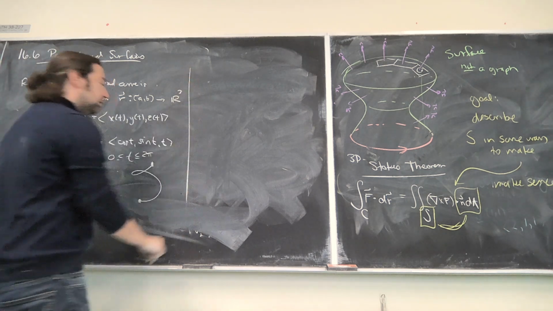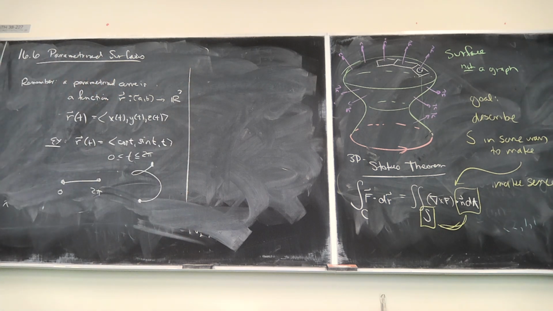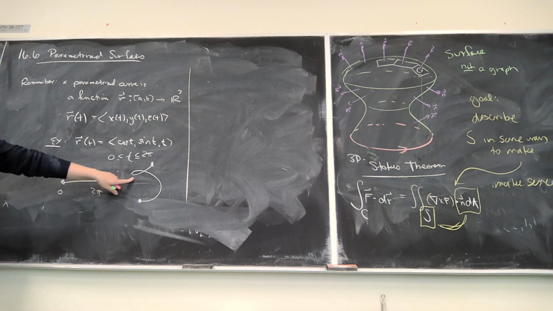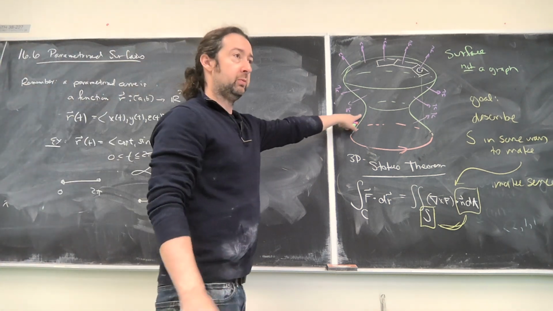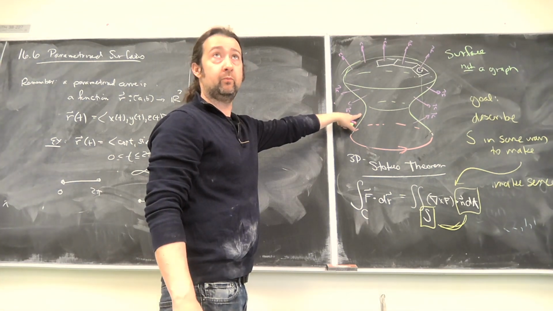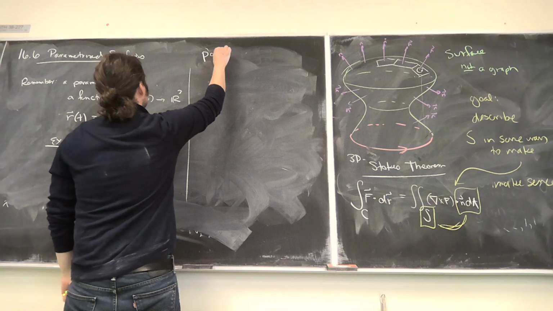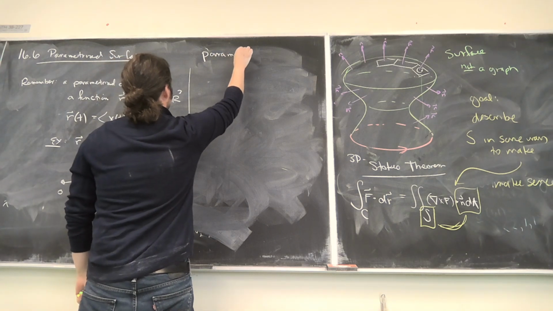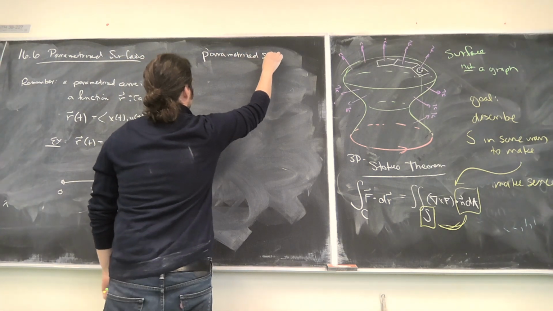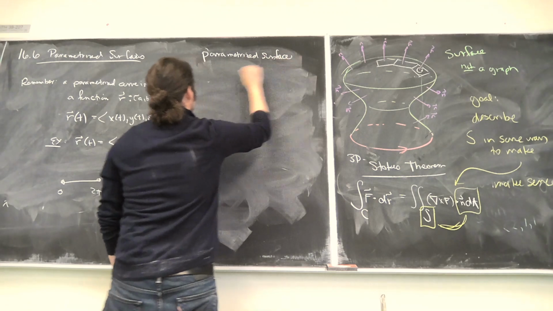So what we want to do is the same sort of thing, but where I want to create not just a one-dimensional looking output, but a two-dimensional looking output instead. So a parametrized surface is a function.